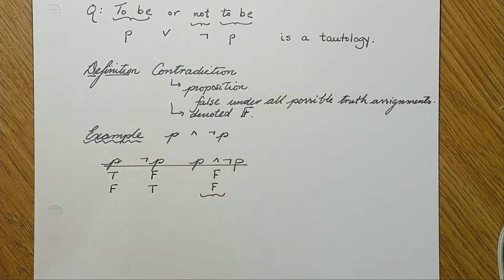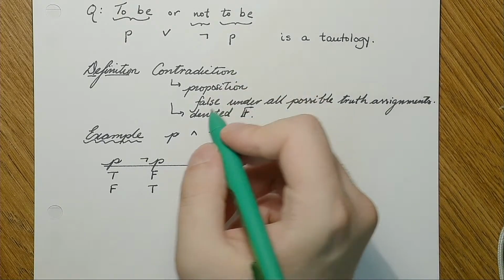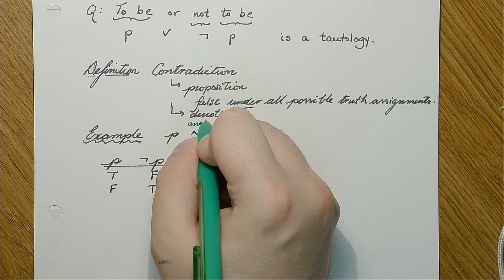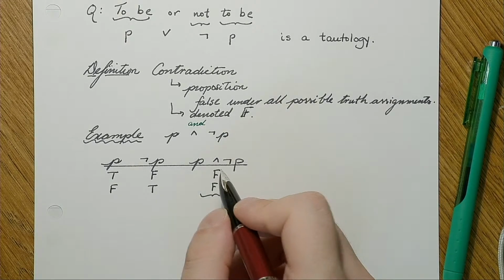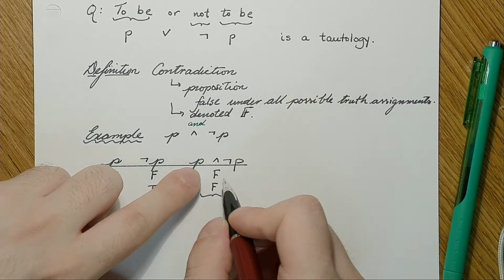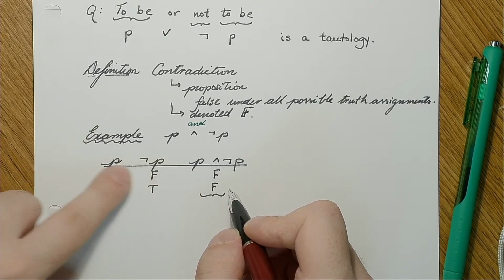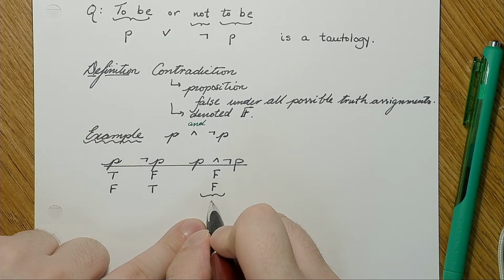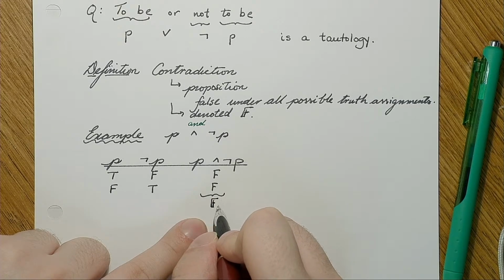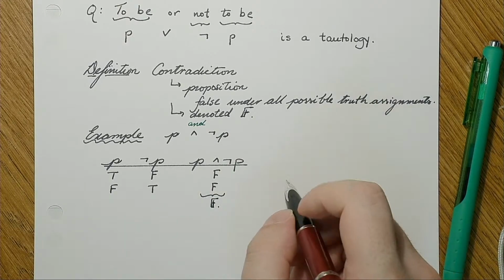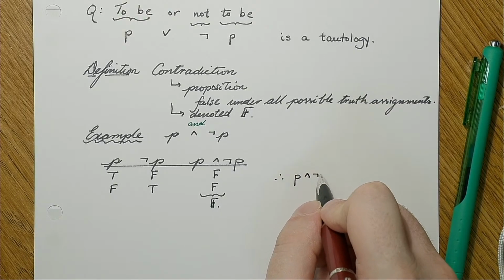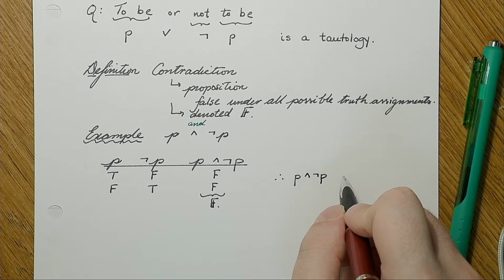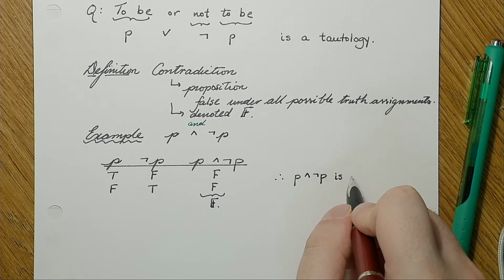So I'm going to make sure that I write in maybe something like, here's the and. So that this is false under all the possible truth assignments. So because of the truth table, therefore, P and not P, or to be and not to be, is a contradiction.